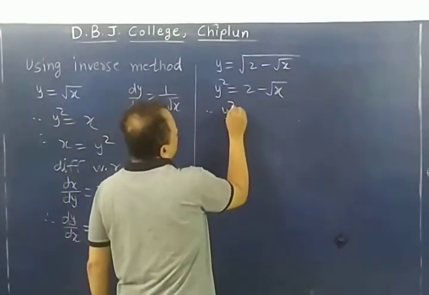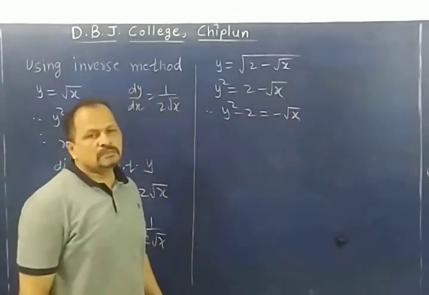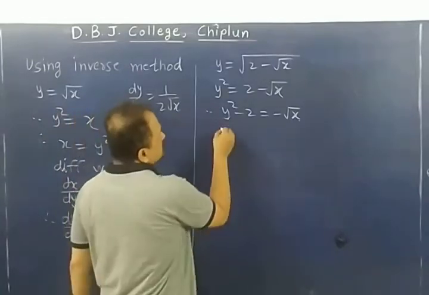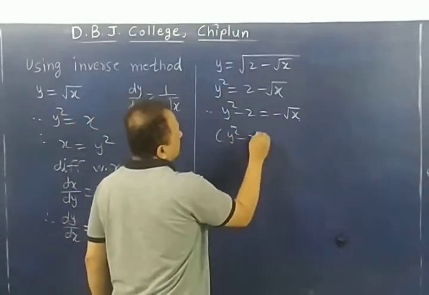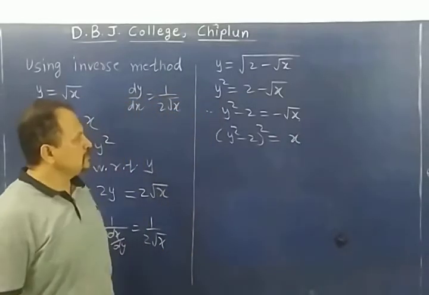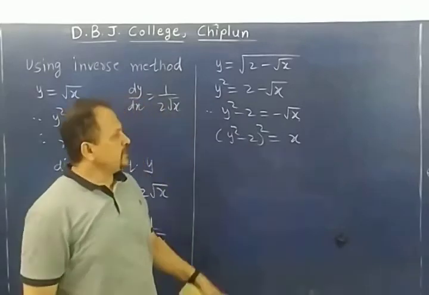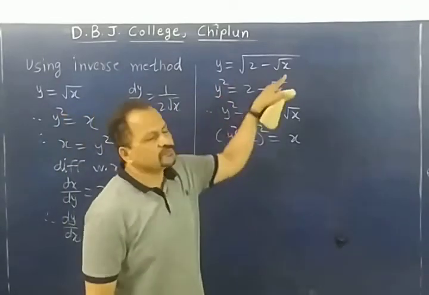Therefore, y square minus 2 is equal to minus root x. Again squaring both sides, (y square minus 2) whole square is equal to x. Now this x is in terms of y, it is the inverse of this function.